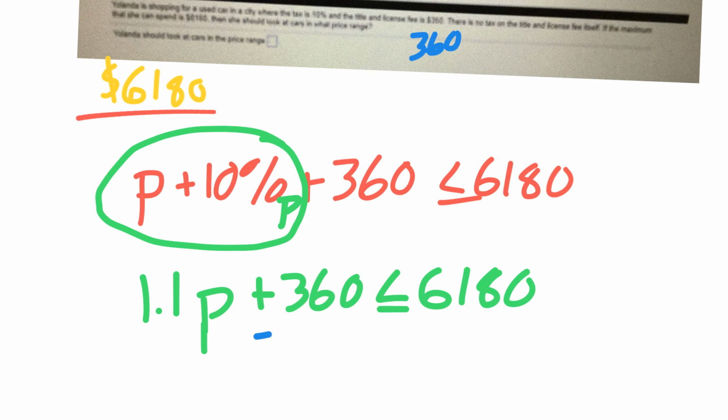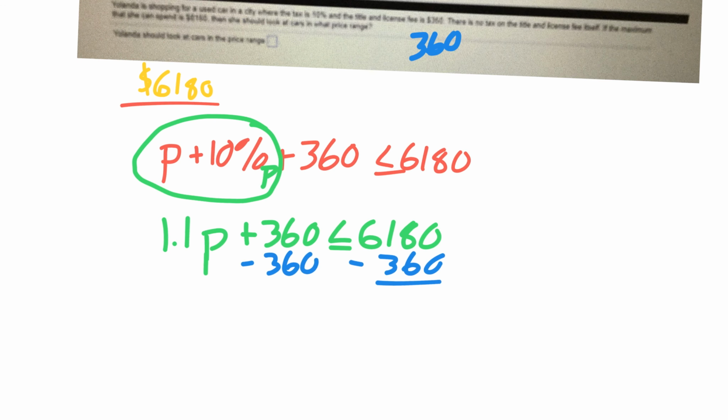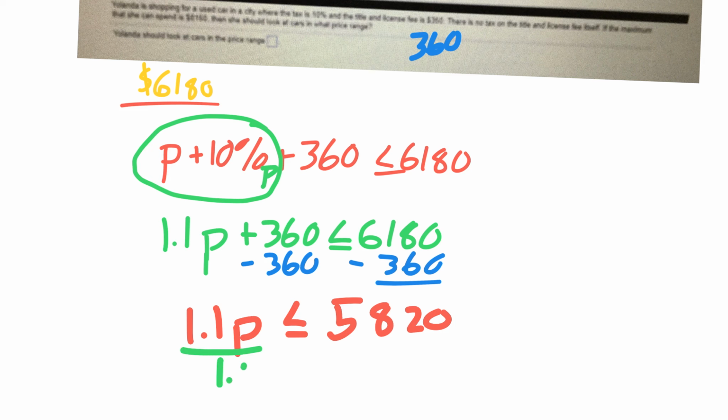And then it's just like all our other ones. We're solving. Subtract 360. So that tells me 1.1p is less than or equal to 5820. Then I want to divide both sides by 1.1.